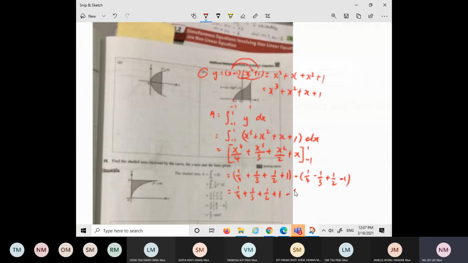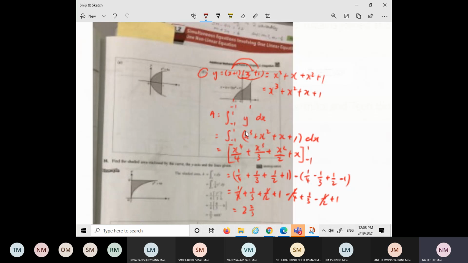Yeah, Janelle, I think I do wrong. Can you share with me where you do wrong? When you substitute or what? Do you mean you separate into two integrations, from -1 to 0 and then 0 to 1?